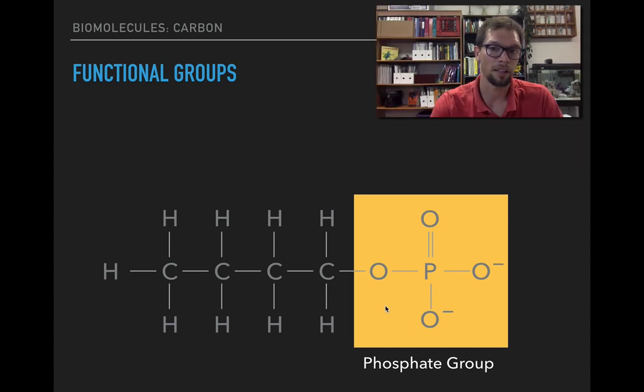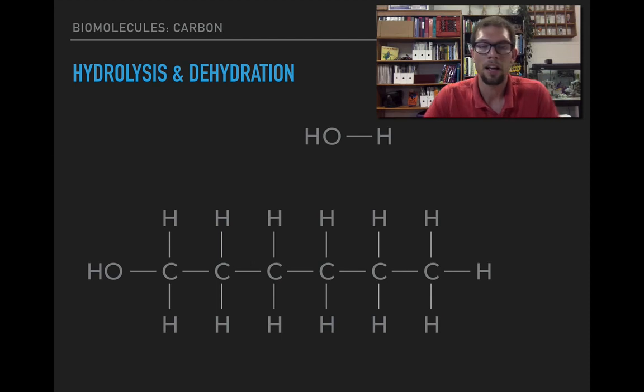throughout the macromolecules. Now, in order to form macromolecules, you have to take and put together different monomers, meaning the individual units, together to make polymers. So in order to do this, you need to have a reaction that will bring these together, and you also need a reaction to break them apart, and that's what hydrolysis and dehydration reactions are about.